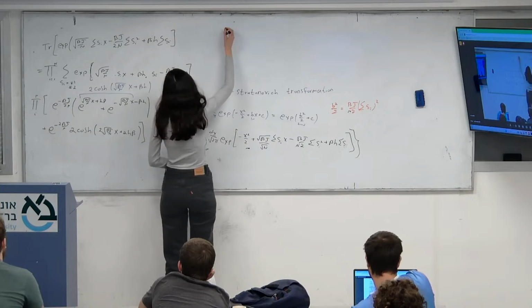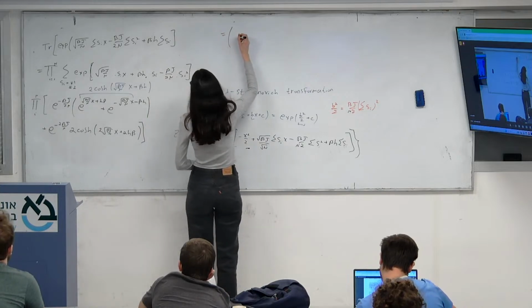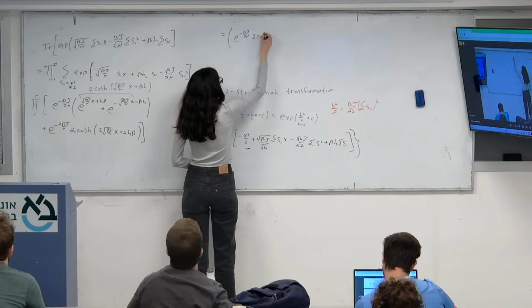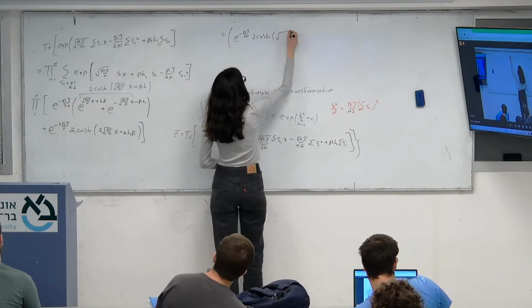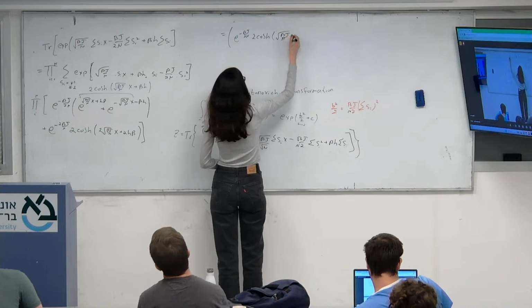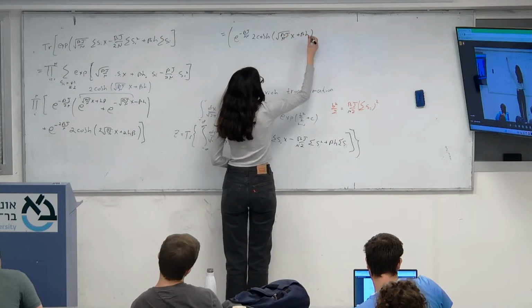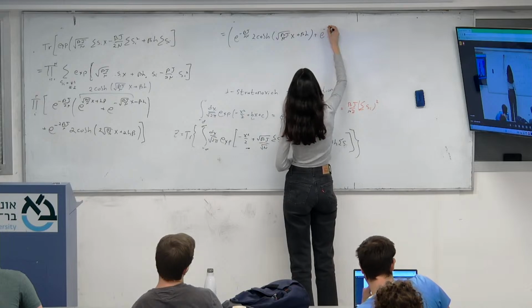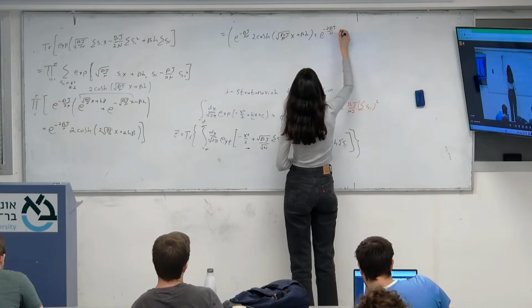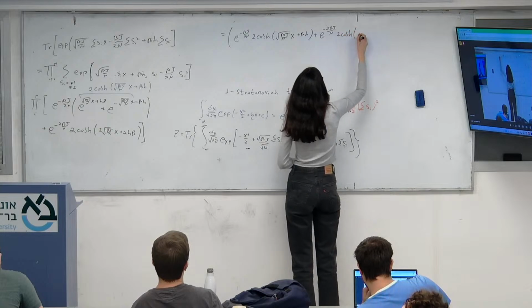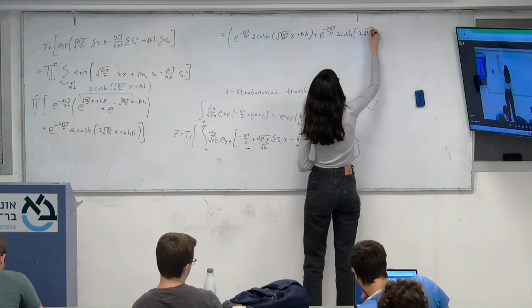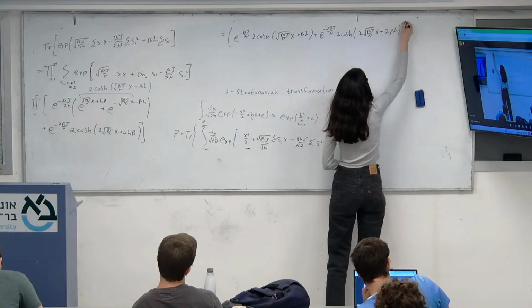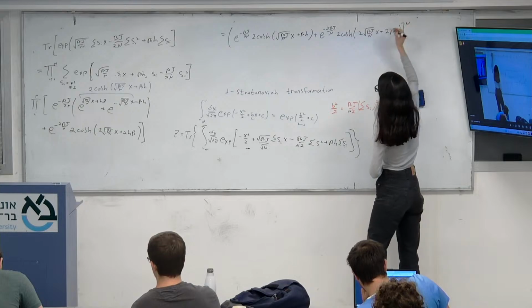So this is going to be e to the minus beta j, and all of that to the power n.